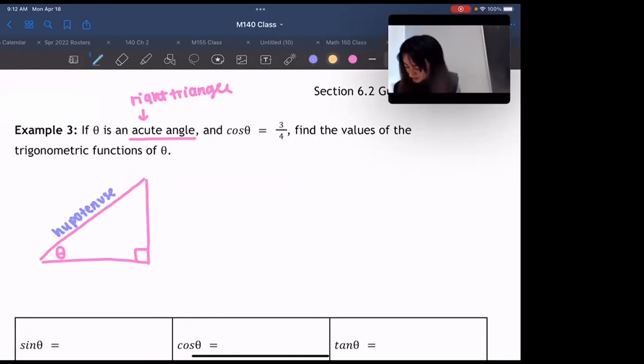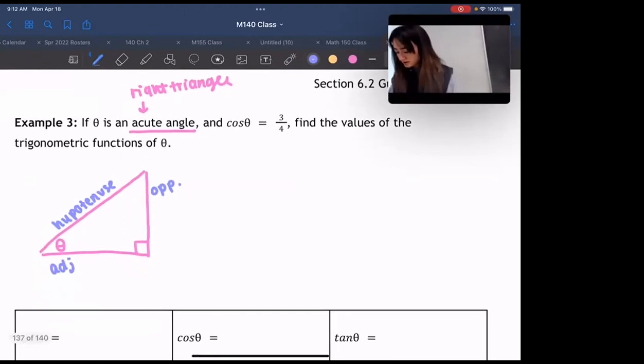Okay. What about this side here? Opposite. Good. And I guess the last side is the adjacent, right? All right. So we have all our sides kind of written out for us. Cosine. What does cosine stand for again, using our definition?